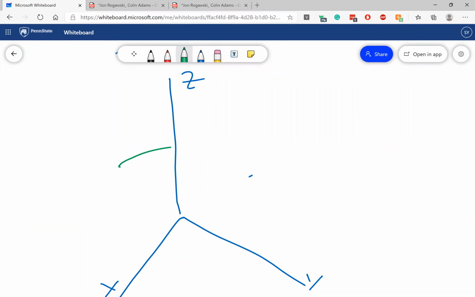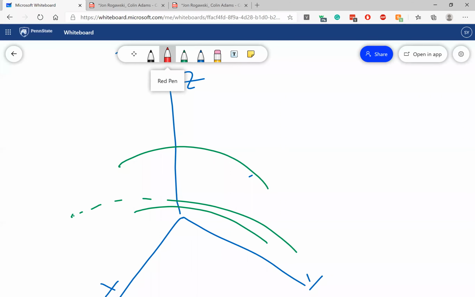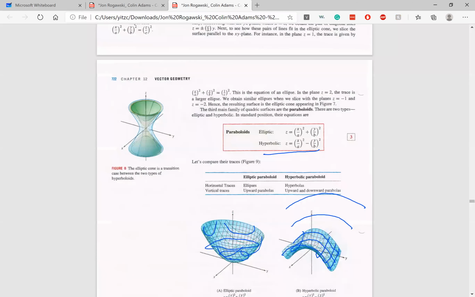They go up, but they're coming down, and then they kind of go up again. And then we have other parabolas that come like this. Okay, again, not a great picture, but it is a little difficult. But anyway, this is how it's supposed to look.